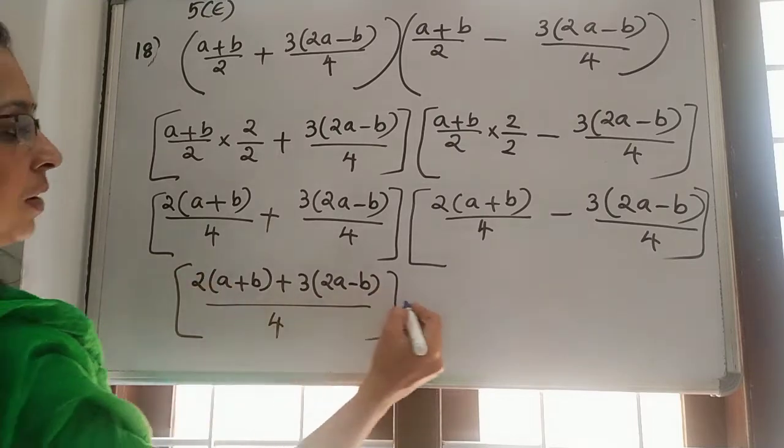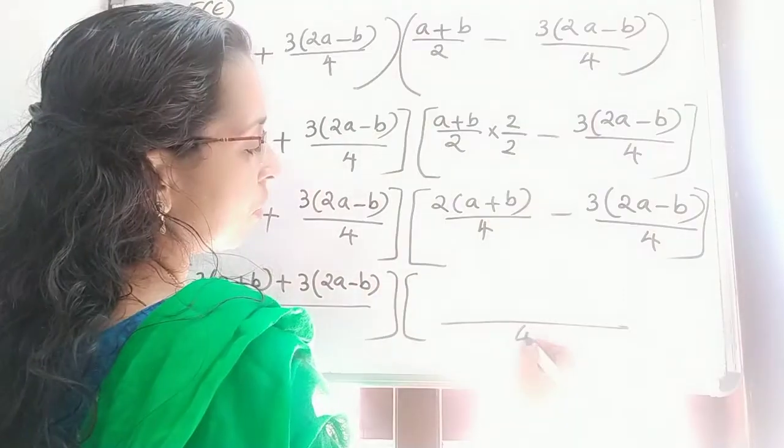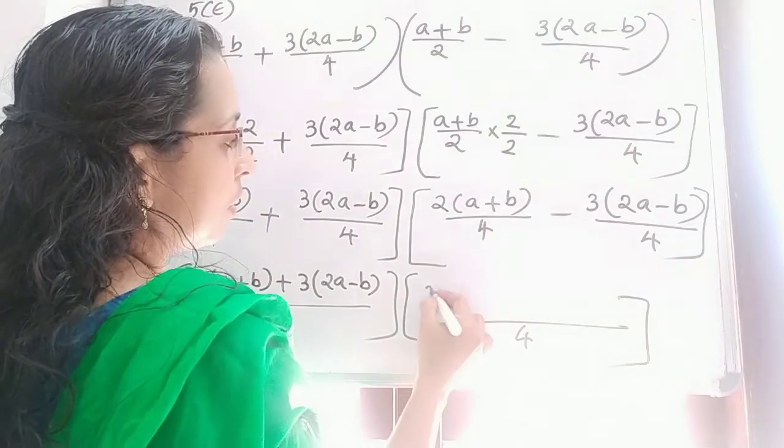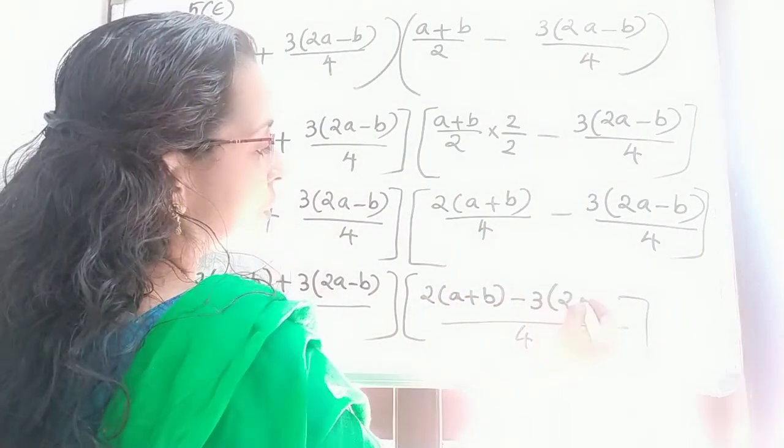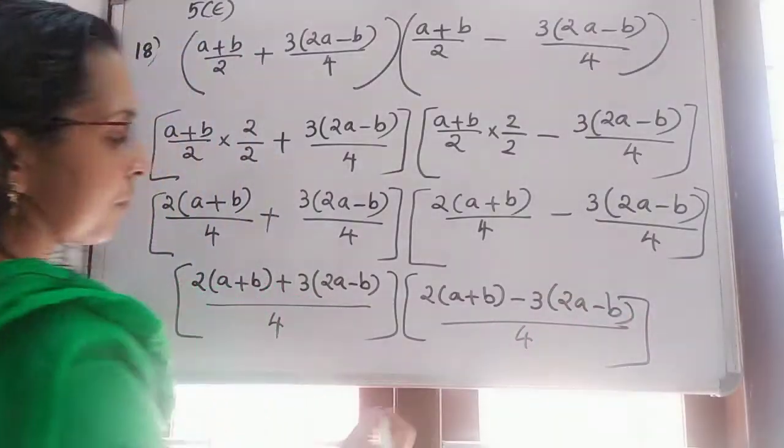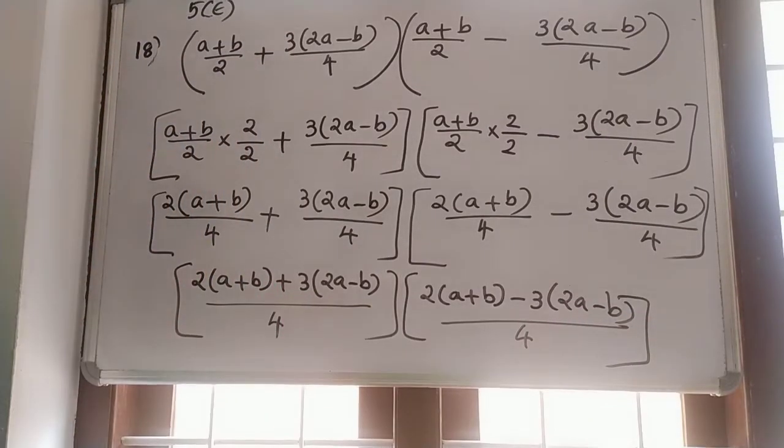Then here, same thing, same denominator 4, numerator 2 into a plus b minus 3 into 2a minus b. Then change the brackets.